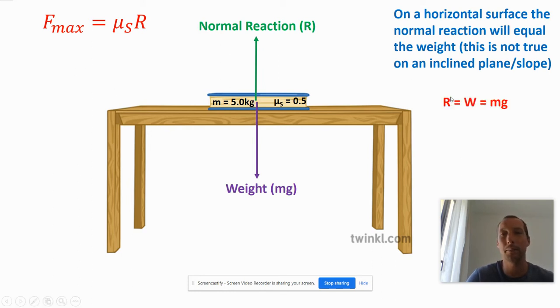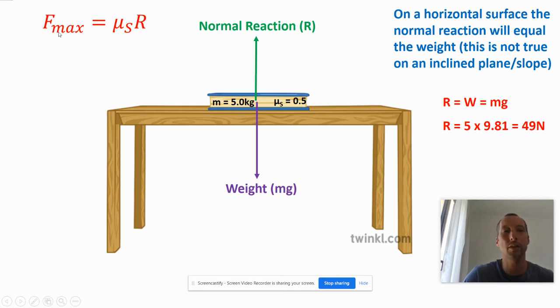So let's do a little bit of maths. I know that the normal reaction force is equal to the weight. Weight is mass times acceleration due to gravity. Let's plug the numbers in. We've got a mass of 5 kg, we're assuming this is on Earth, so 9.81 as g, and we get 49 newtons as the weight. So 49 newtons is the weight. It's also going to be the normal reaction force.